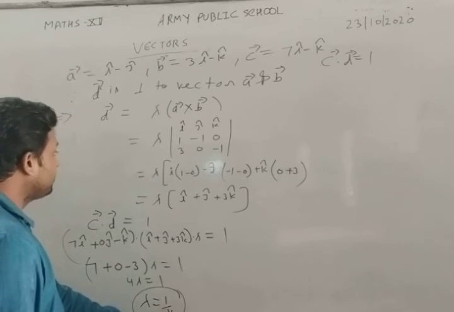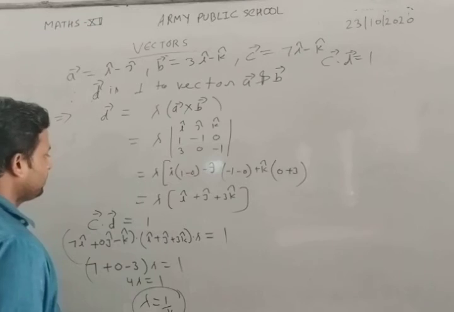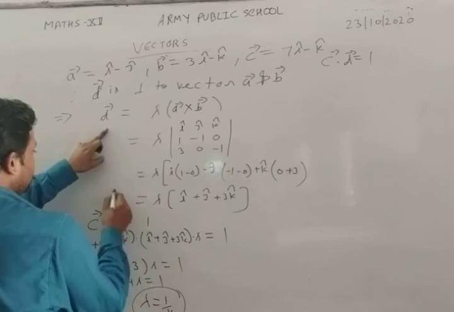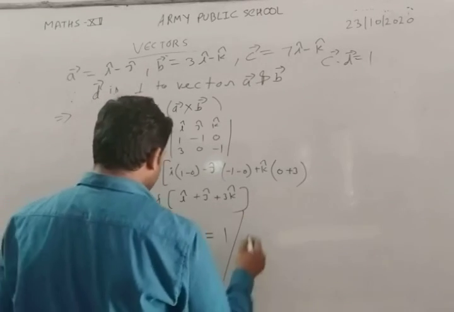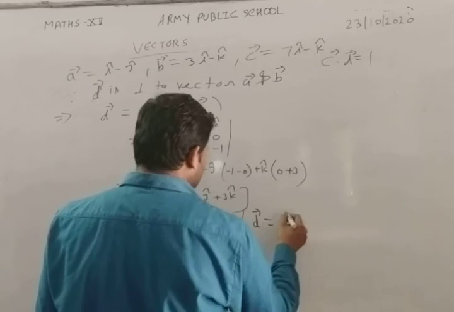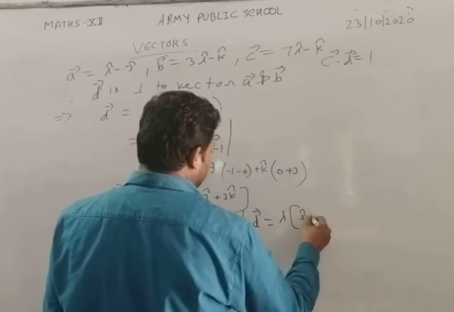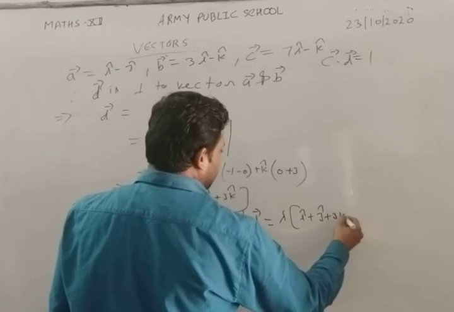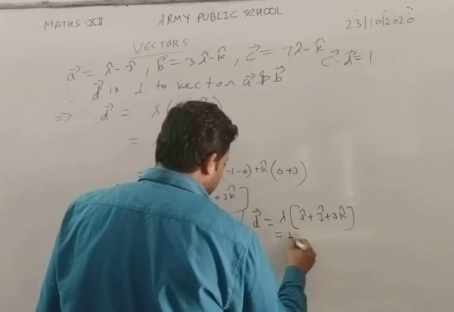Now we put this lambda in the vector D. So vector D is equal to lambda i plus j plus 3k, and lambda is 1 by 4.